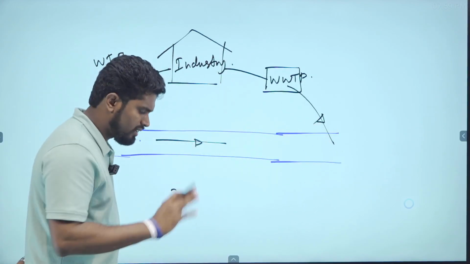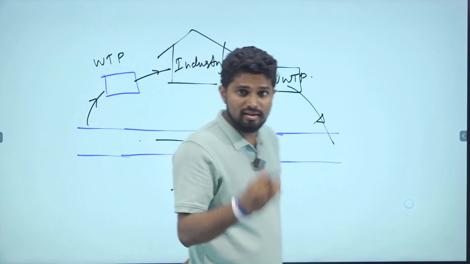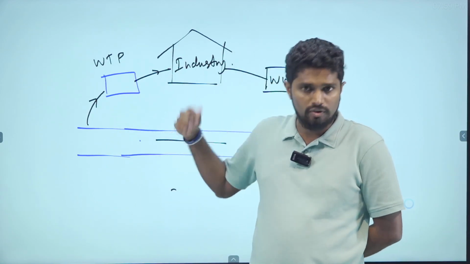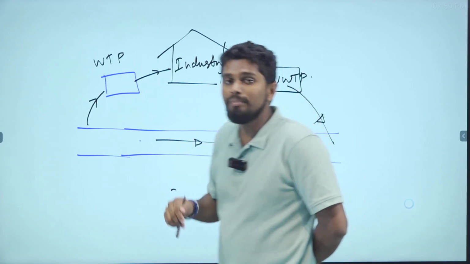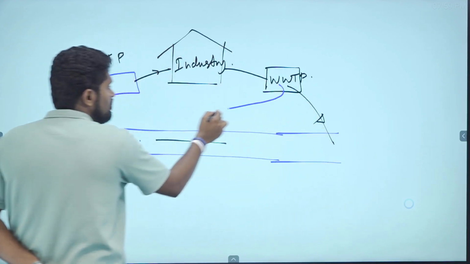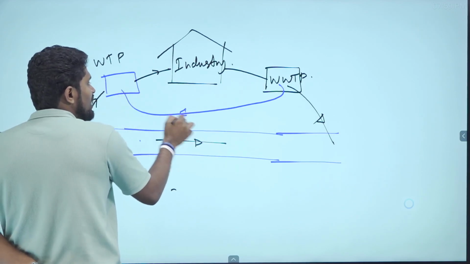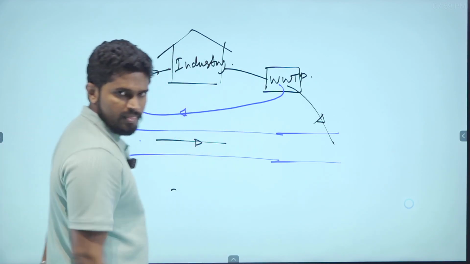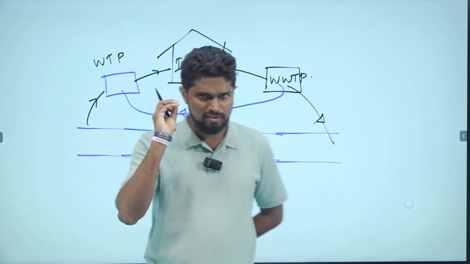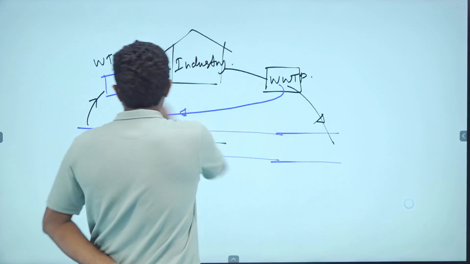Some companies, more than 50% of companies, release the wastewater into the same river after purifying. Some companies use that purified water again in their processes. Okay, some companies. I know I worked at Harris Fabric PLC. In that company, this is the method.